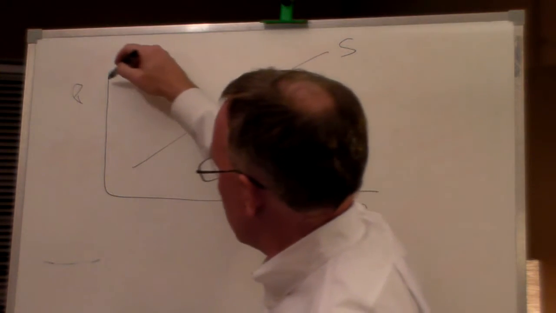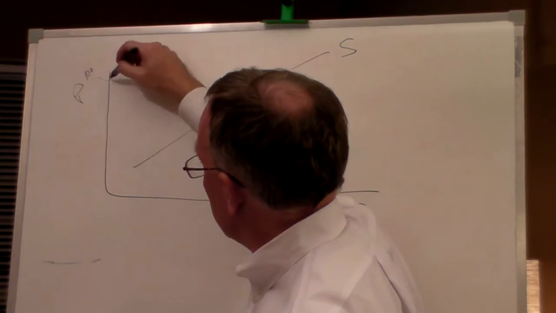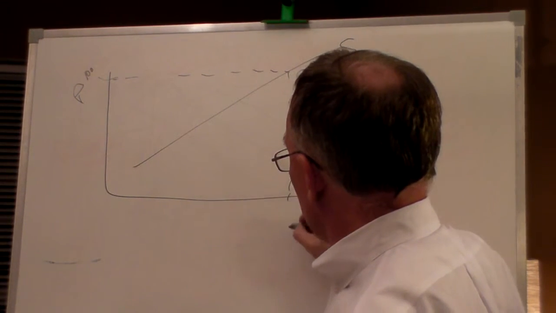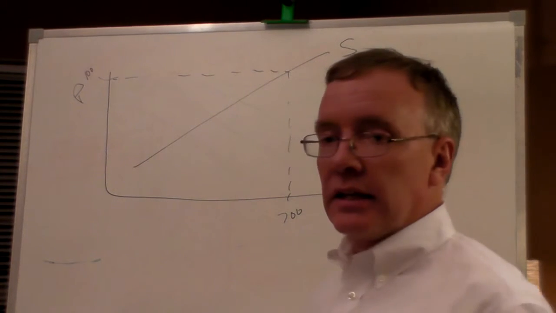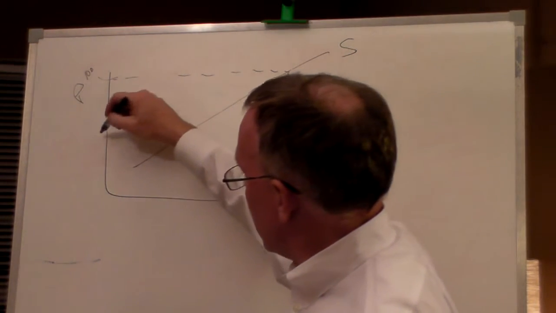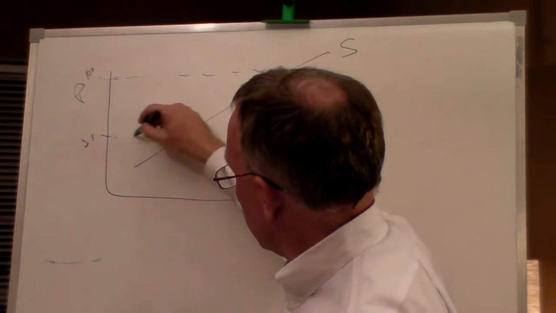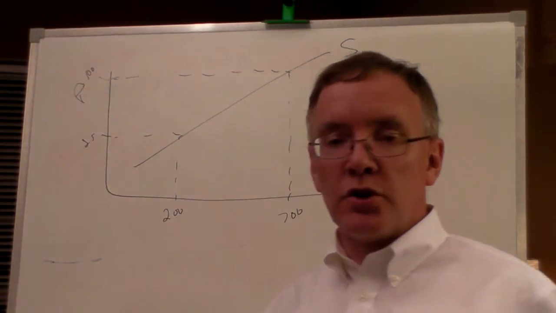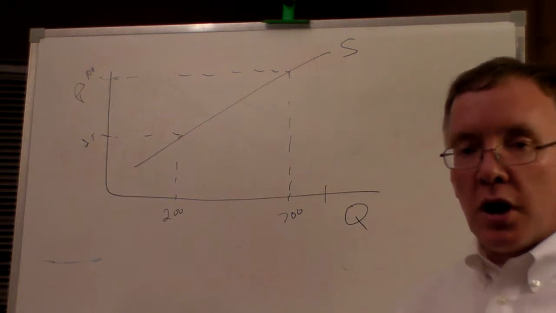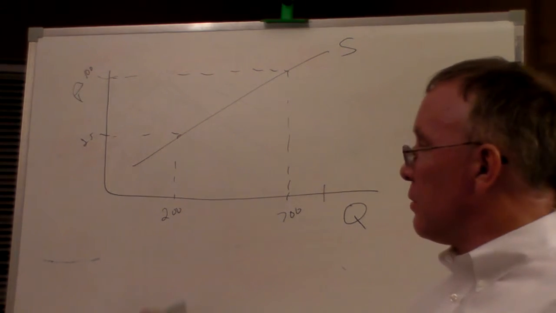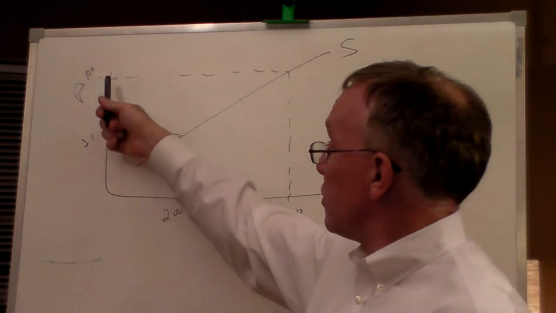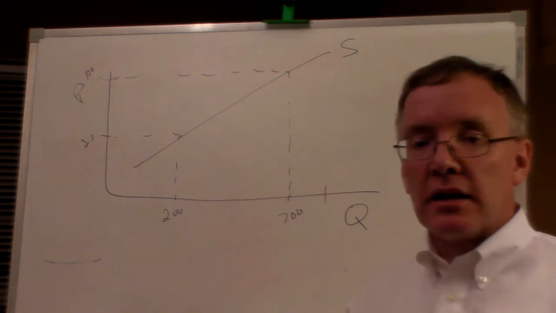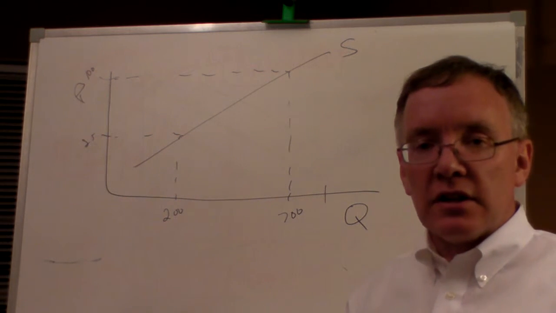So for any particular price, let's say $100 for the item, sellers are willing to supply, pick a number, 700, and if the price were to fall down to say 25, there might be only 200 items for sale or produced. Sellers will only be willing to supply 200 of the item at the price of 25, and if the price were to rise to 100, 700 would be what would be available in this little example.